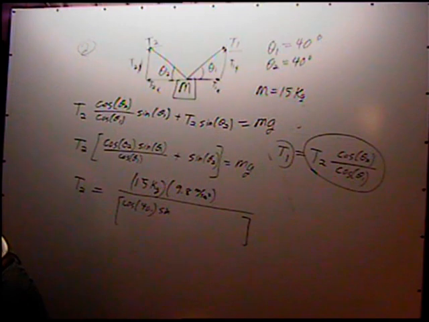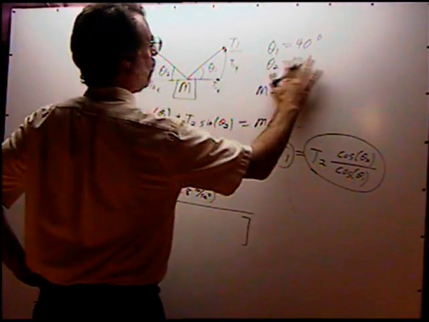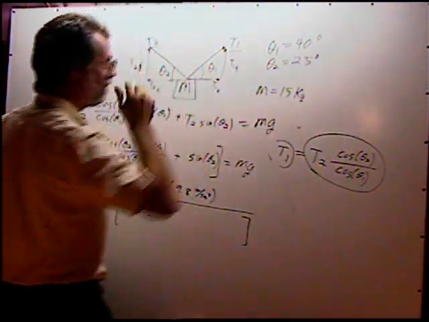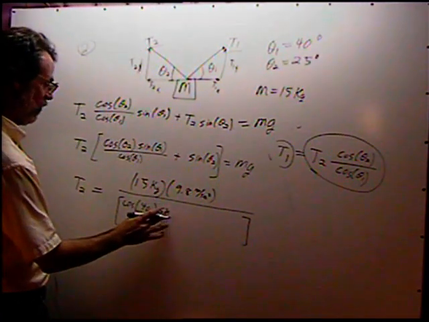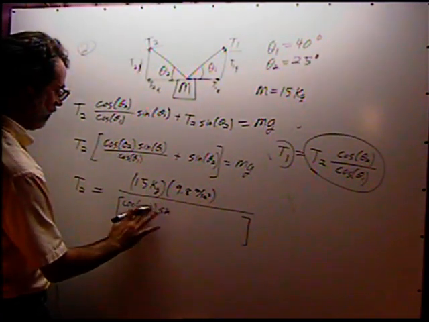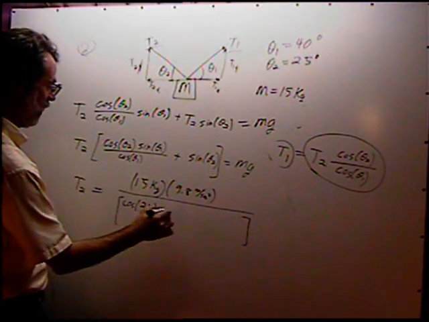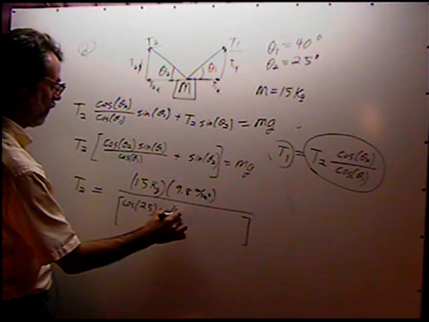Theta 2 is 25. Good thing I caught that. Cosine of theta 2 is 25. Sine of theta 1, which is 40.